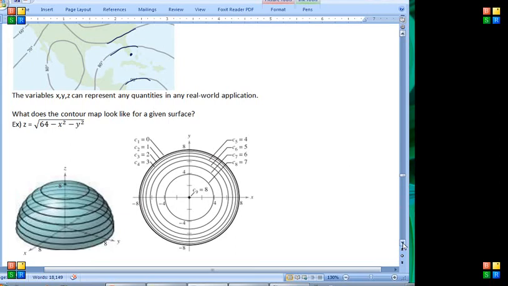Notice that when you go from z equals 0 to z equals 1, the radius doesn't change that much. When you go from z equals 1 to z equals 2, it doesn't shrink that much, but shrinks a little bit. By the time you're going from z equals 6 to z equals 7, the circle is shrinking tremendously.